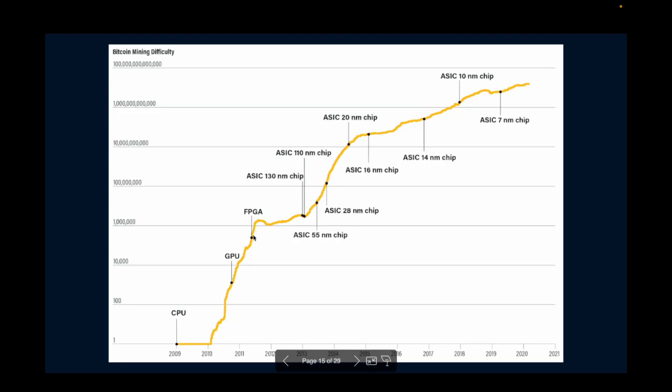With FPGAs, there was a little bit of a stagnation in how the difficulty increased. That is probably due to the fact that FPGAs are kind of a general purpose device for prototyping electronic circuits, and they end up using a lot of energy.